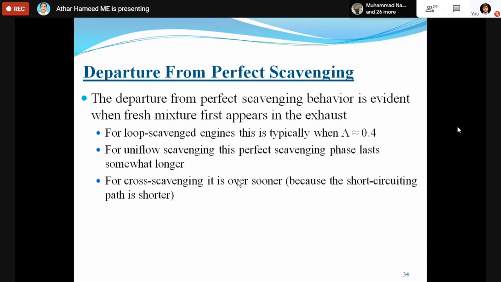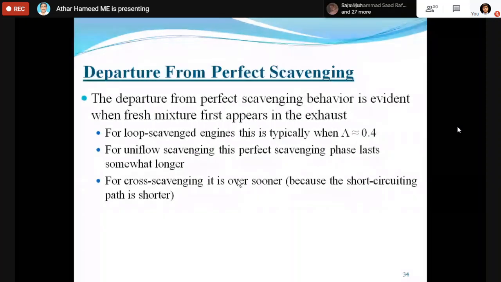Cross scavenging is when the inlet port is on one side, the transfer port is on one side, and the exhaust port is on the other side. So we need a good deflector on the piston. In the loop scavenge, we may have a smaller deflector, but in cross scavenge, we need a good deflector, a hump shape on the piston head, so that when the charge is pushed inside, it moves first to the top and then moves back to push the exhaust out through the exhaust port on the other side.